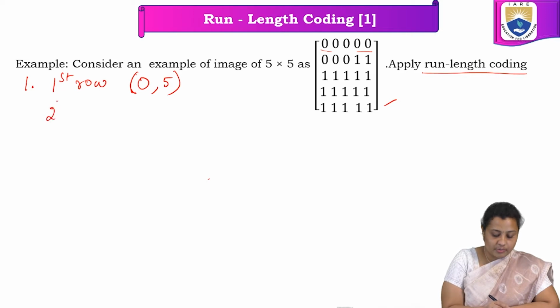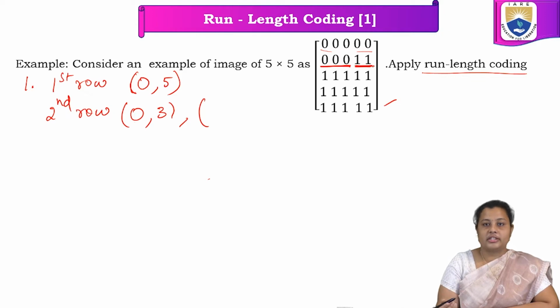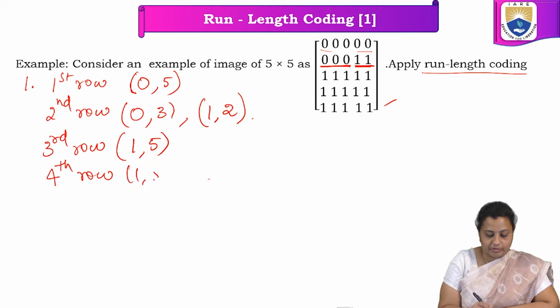Second row: we get 0. How many zeros are there? We have 3, and the other vector has the intensity value 1. How many pixels have it? 2. What was the third row? We can write it as 1, 5, and the fourth row 1, 5, the fifth row 1, 5.